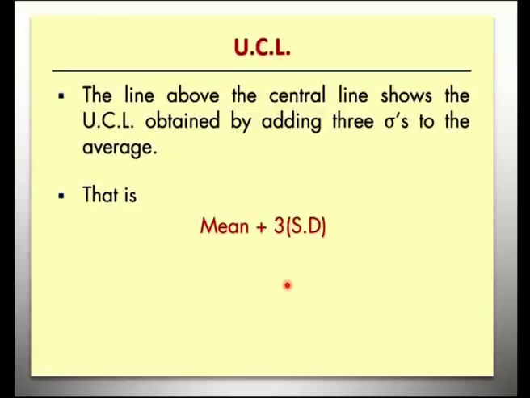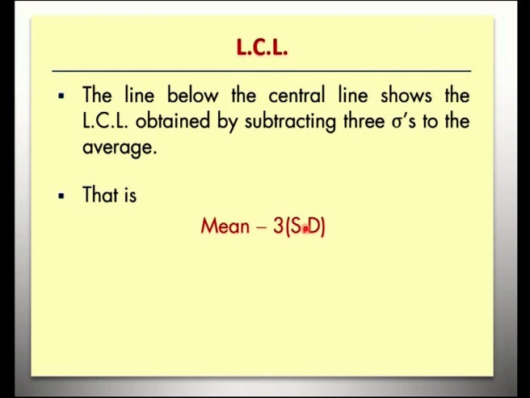The line above the central line shows the UCL, the upper control limit, obtained by adding 3 sigmas to the average. That is, UCL is calculated as mean plus 3 times standard deviation. Similarly, the line below the central line shows the lower control limit, obtained by subtracting 3 sigmas from the average.